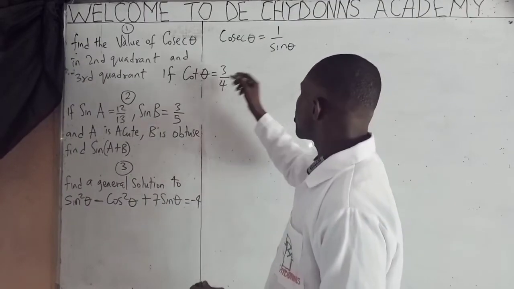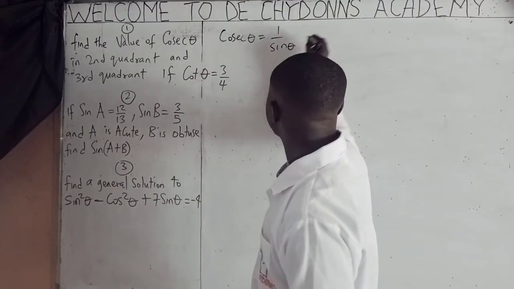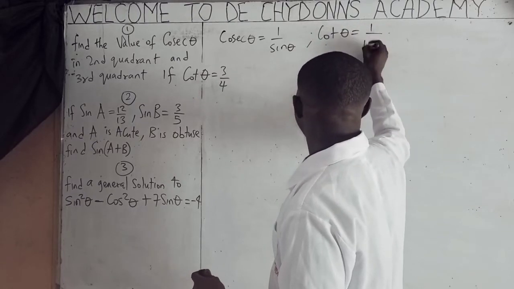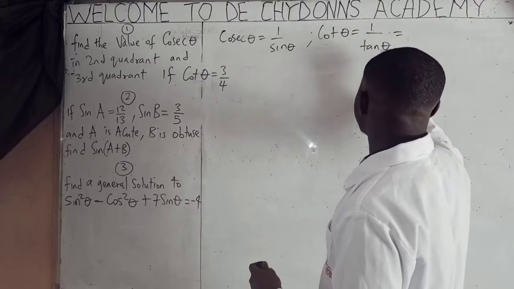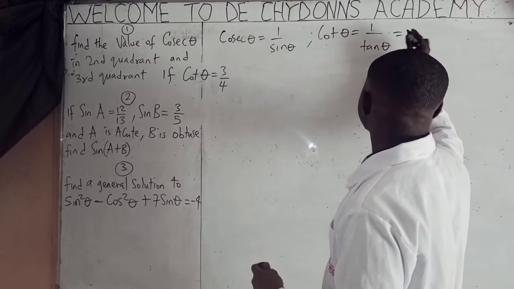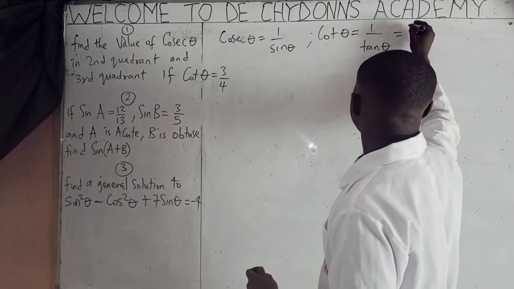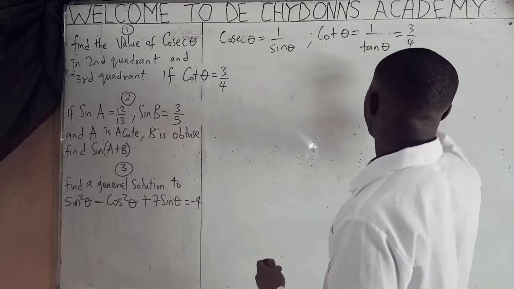Then sec theta means 1/tan theta, so 1/tan theta equals cos theta equals 3/4.